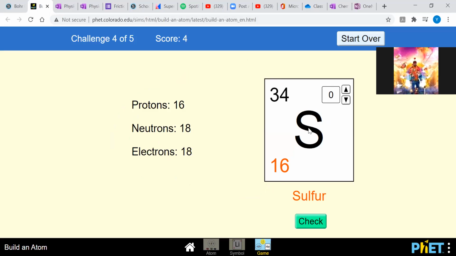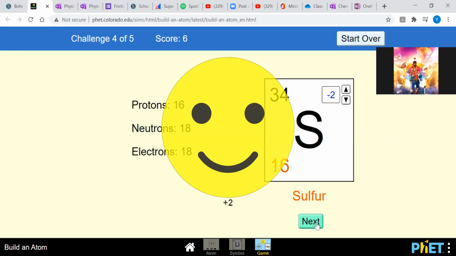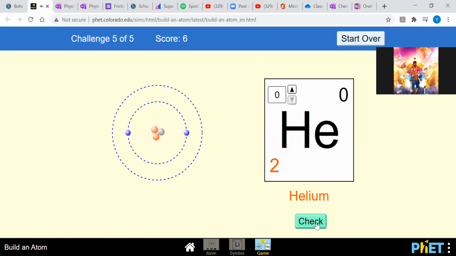Kayla says -2. I believe she is correct. 16 protons is going to cancel out with at least 16 electrons. That's going to leave 2 electrons left over. -2. Very nice.